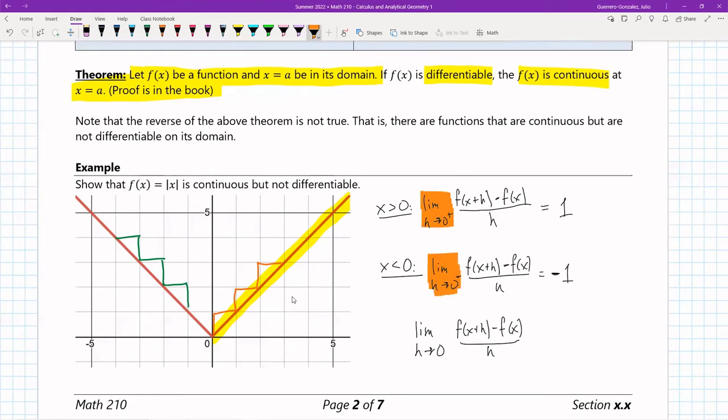And it's going to be equal only if the results are equal, and they are not. So we can automatically see that both of these are not equal. So then this does not exist.